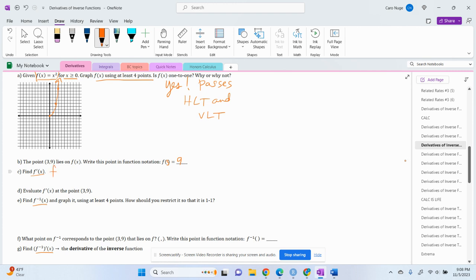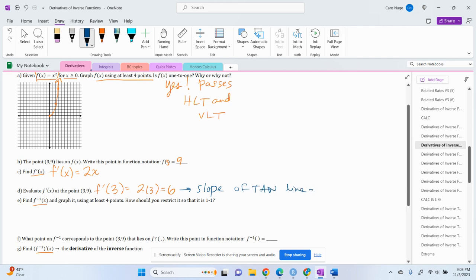Okay, so if f of x is x squared, f prime is 2x, that was easy enough. Evaluate f prime at (3, 9). Okay, so that'd be f prime of 3 equals 2 times 3 equals 6. All right, let's pause here. What does this mean? 6, that means that's the slope of the tangent line at x equals 3.